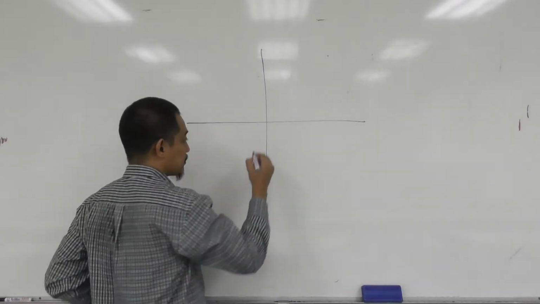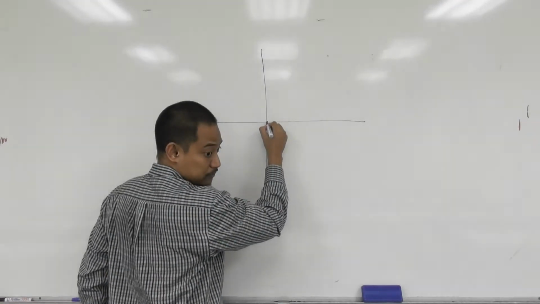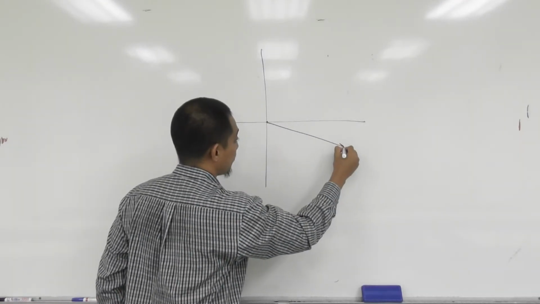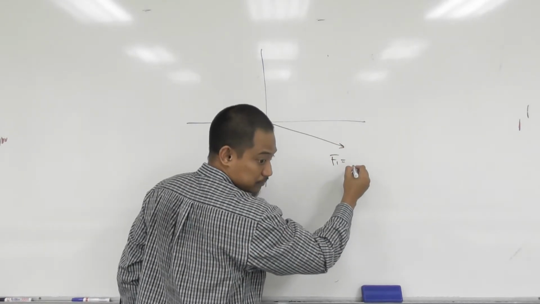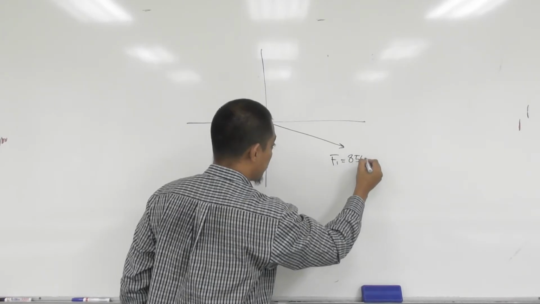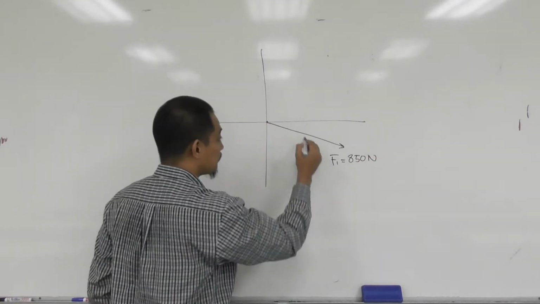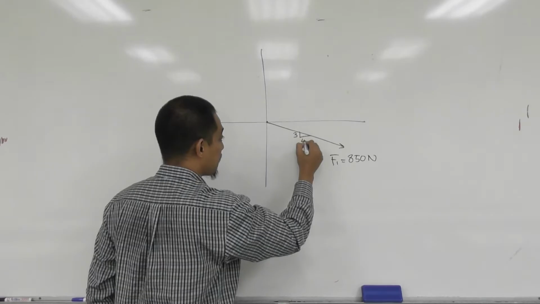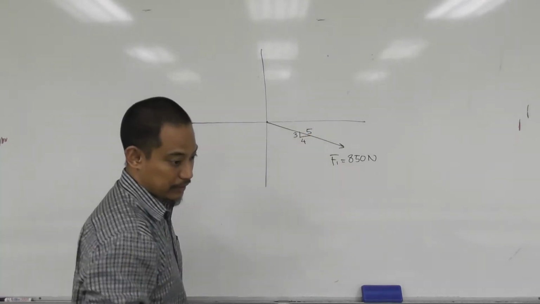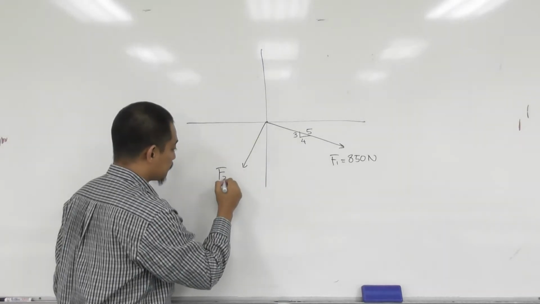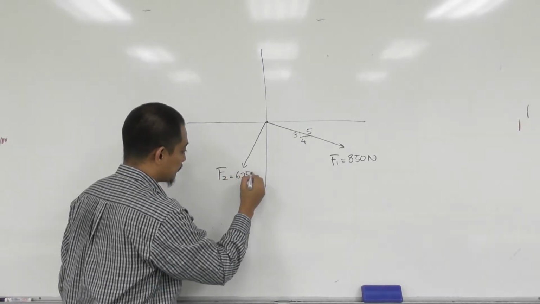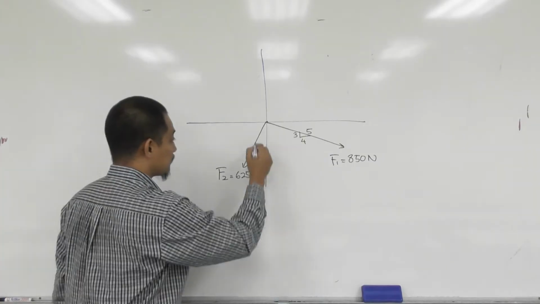F1 is 850 Newton, 4, 5. And then this one, F2 is 625 Newton, 30 degrees here.